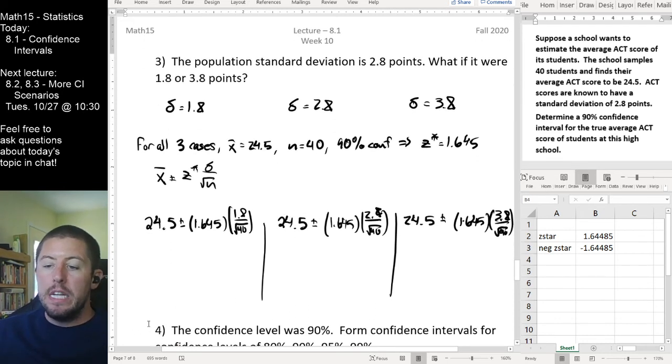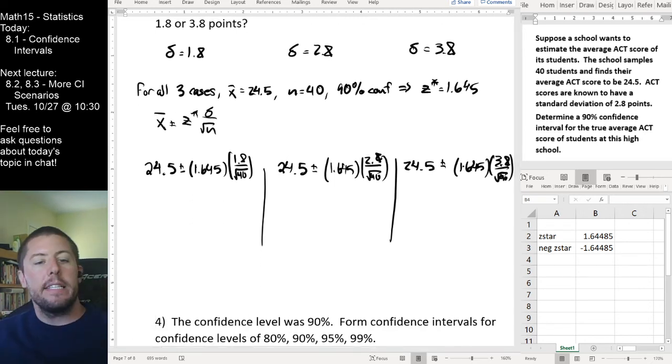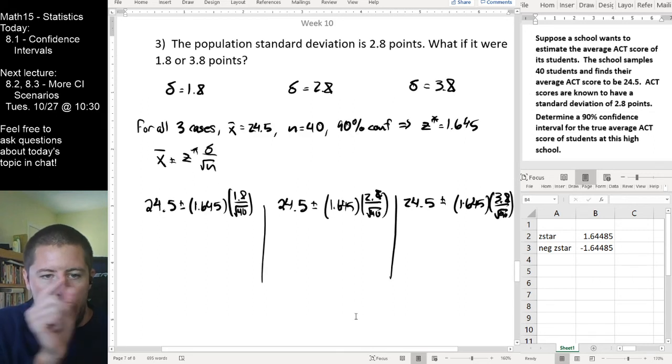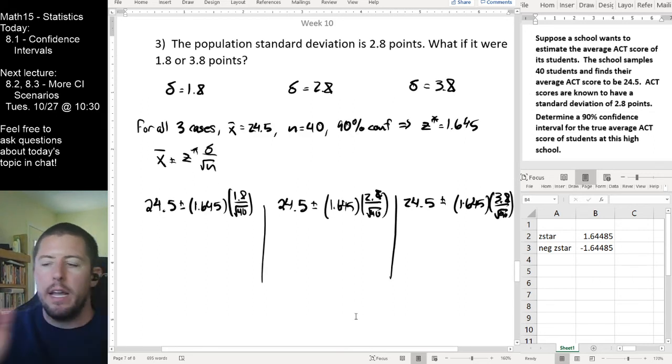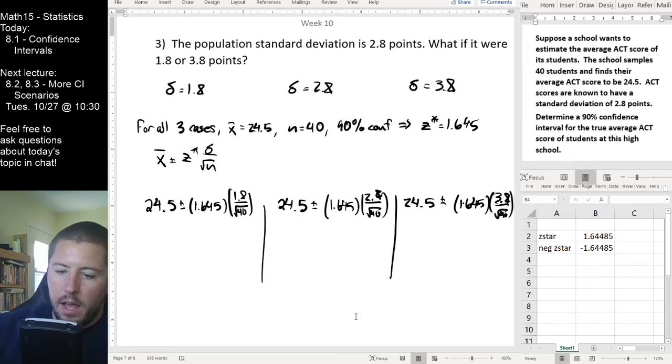The more deviation we have in our observations, the less confidence we have that our answer is correct, right? That gives us more options of it being further away out there. So 1.645 times 1.8 divided by the square root of 40 is giving me 0.4862.